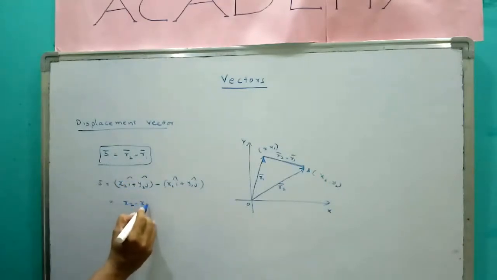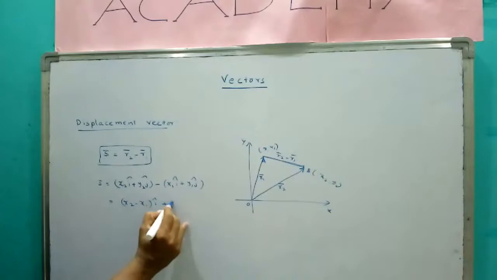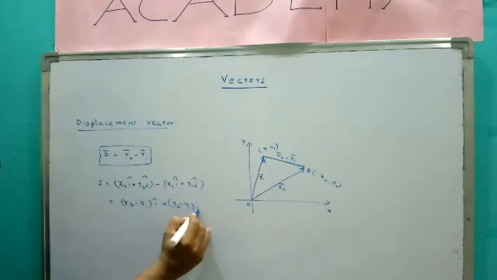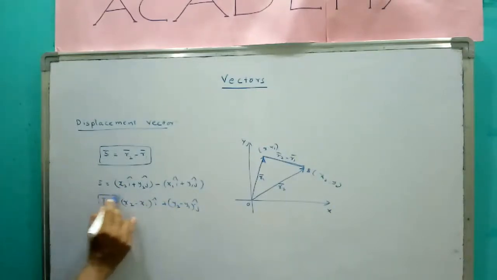Here it is x2 minus x1 i cap plus y2 minus y1 j cap.